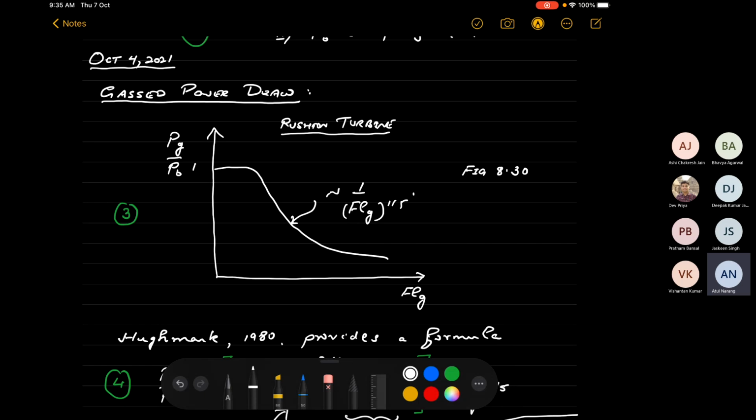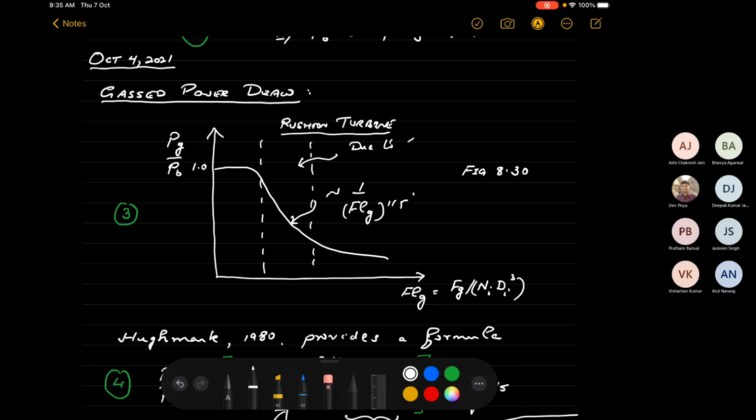So this is 1.0 when there is no gas. This is defined as Pg divided by pumping rate, I guess, N over D i q. And there's a sharp decline beyond a certain point due to the formation of gas cavities.